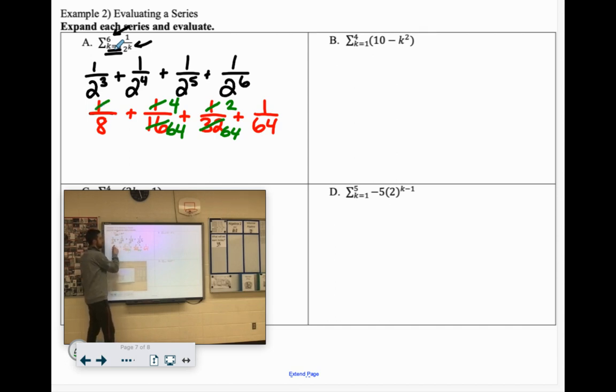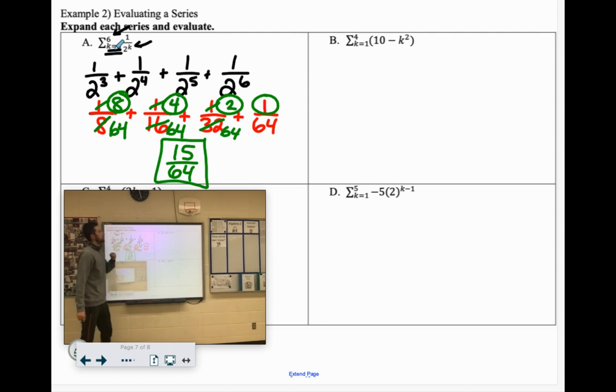Again, we can double over here: 8 over 64, which reduces to 1/8. Now we have 64ths. So 8 plus 4 is 12, plus 2 is 14, plus 1 is 15 64ths.